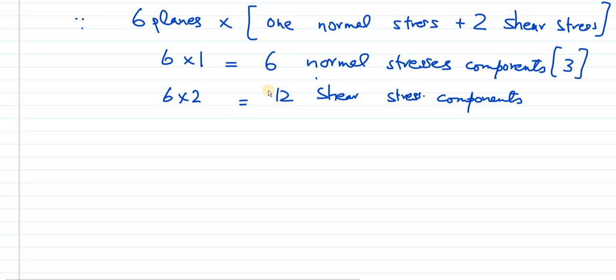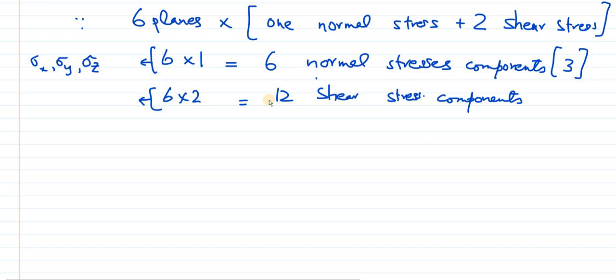So if you know sigma x, sigma y, and sigma z, then on the opposite faces we will have the same stresses in magnitude. So all we need to know is sigma x, sigma y, and sigma z acting on the x, y, and z planes. And over here we also need, although there are a total of 12 shear stress components, in fact they are in 6 pairs.